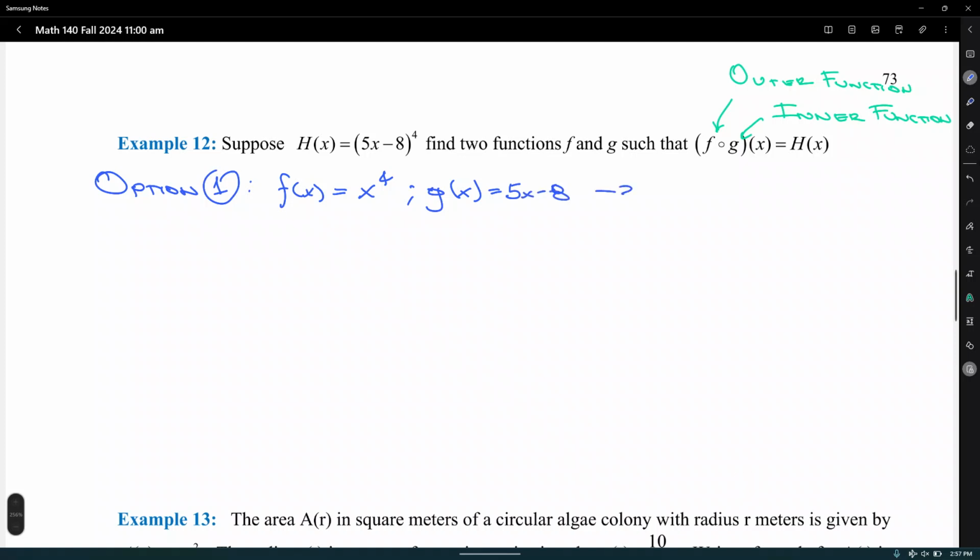Now try this composition. f evaluated at g of x equals the outermost, which is something to the fourth power, and the inner, which is 5x minus 8. And see how this result matches our original problem? All right.